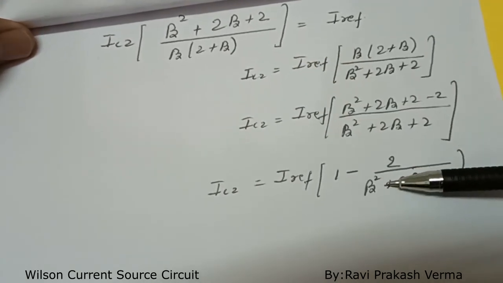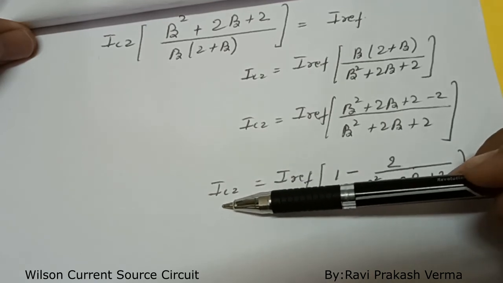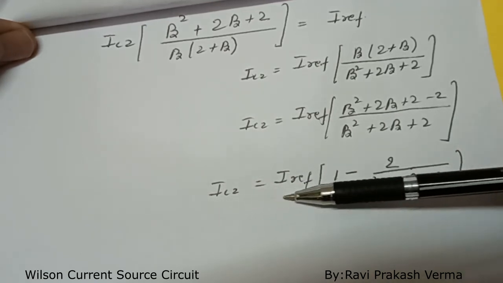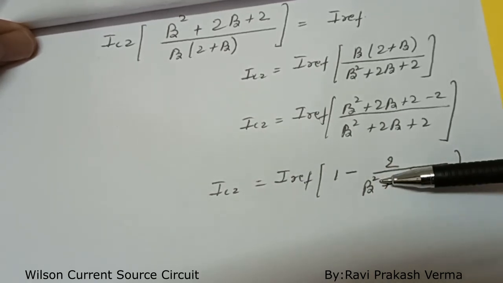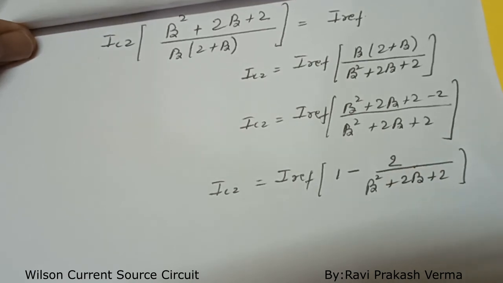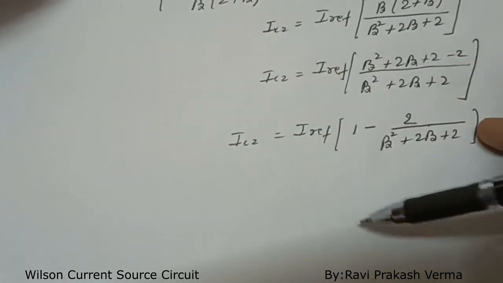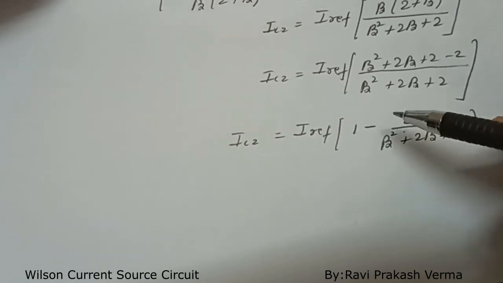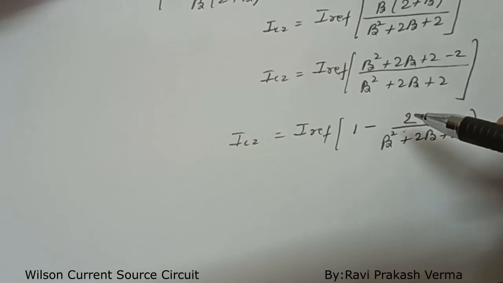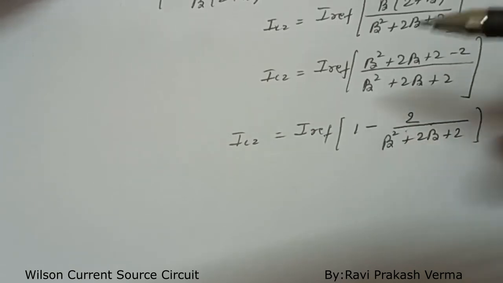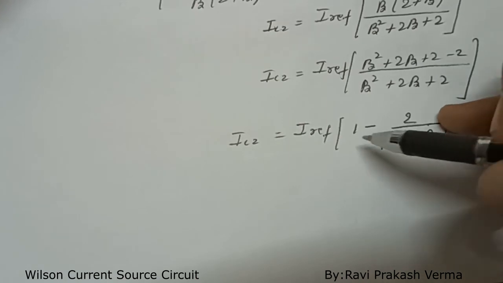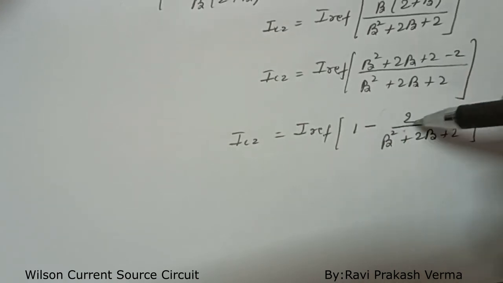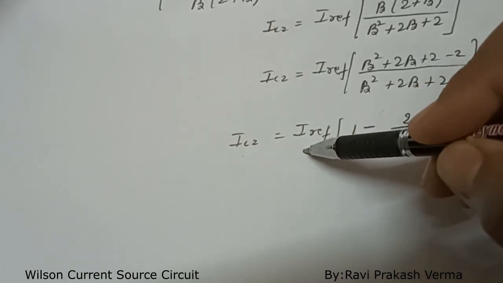From this equation we can say that the output current IC2 depends on the term 2 by beta square. This shows that the circuit has very low sensitivity towards the transistor base current, and we can neglect this portion, so IC2 is equal to I reference.